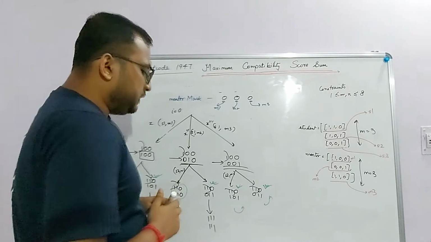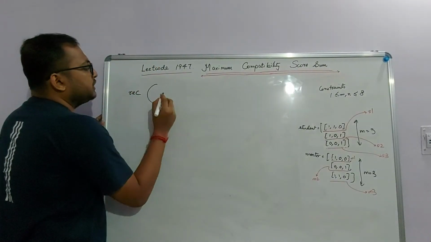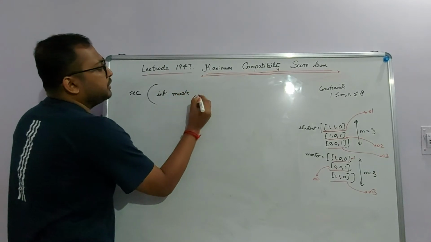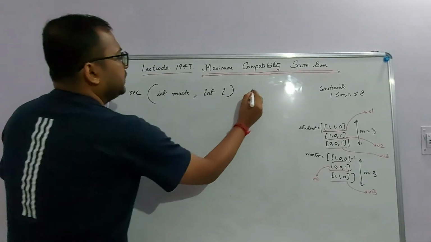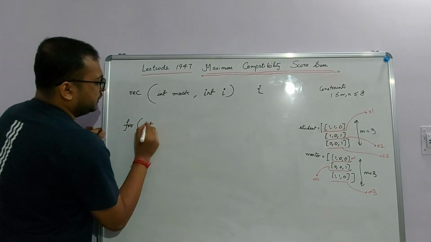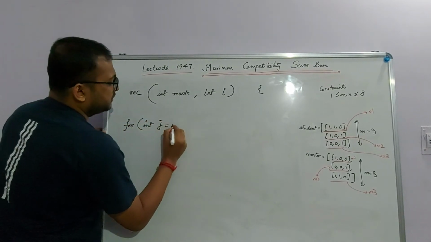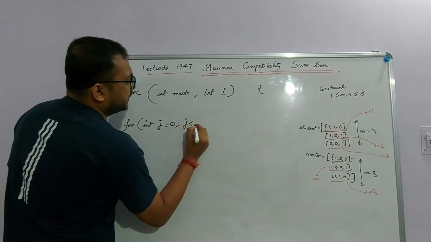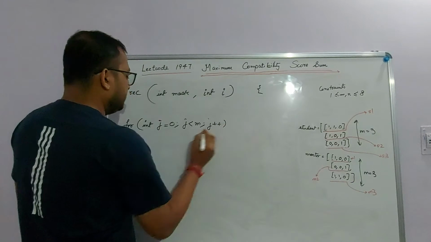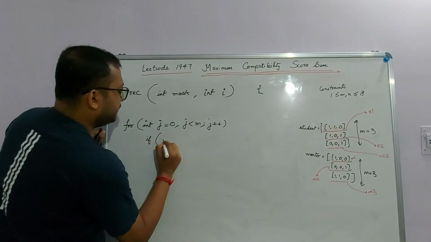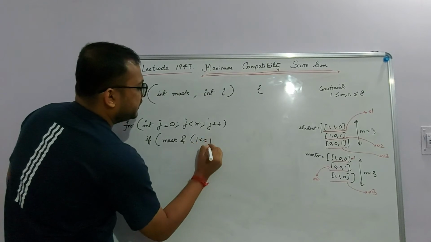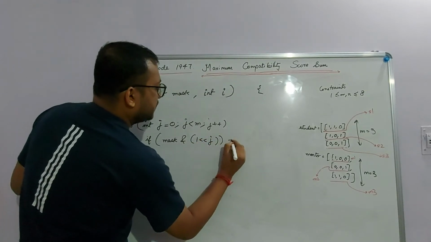Let's write the DP states quickly. This is my recursive function and this is, let's say, my mask at a particular value of I. So what I can do simply, I can traverse for each bit in this mask from j = 0 till j less than m, because that is the number of bits, and I can simply check if mask & (1 << j) is equal to 0.